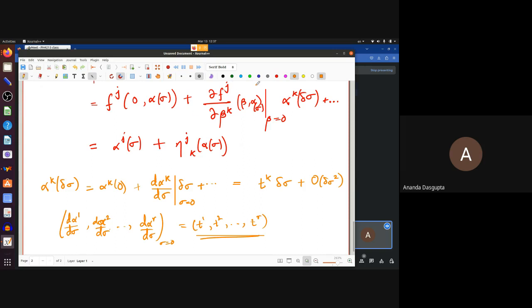I already wrote down this as eta jk of alpha sigma. The alpha k delta sigma, which we took a break to figure out, is nothing but tk delta sigma. So we get here eta into tk delta sigma plus higher order terms. So this is alpha j of sigma plus delta sigma is equal to this.